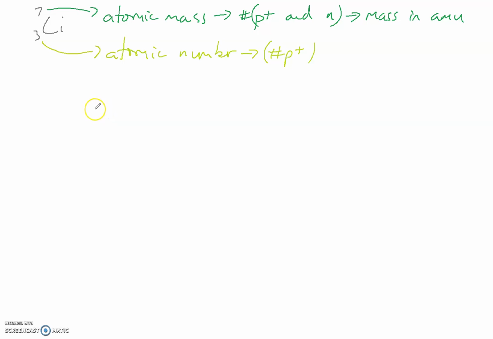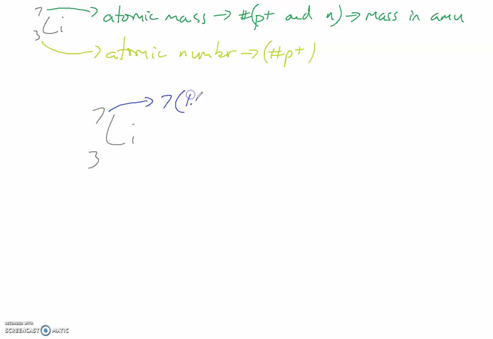So if we did that for lithium 7-3, suppose we've got a lithium 7-3 nucleus. If we wanted to find the actual mass of this, we need to do 7 times the 1.67 times 10 to the negative 27, or the value of 1 atomic mass unit, which is, again, on your super sheet. It's also approximately the mass of a neutron or proton.